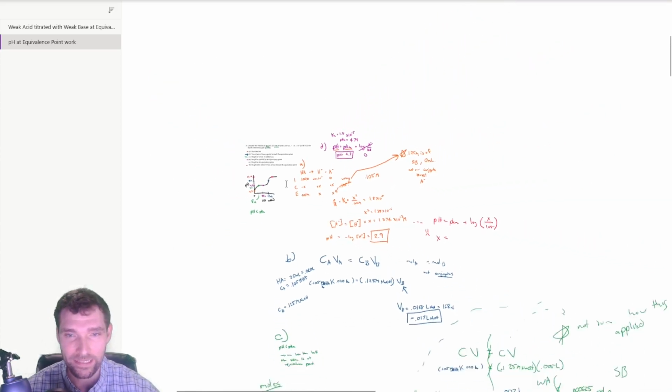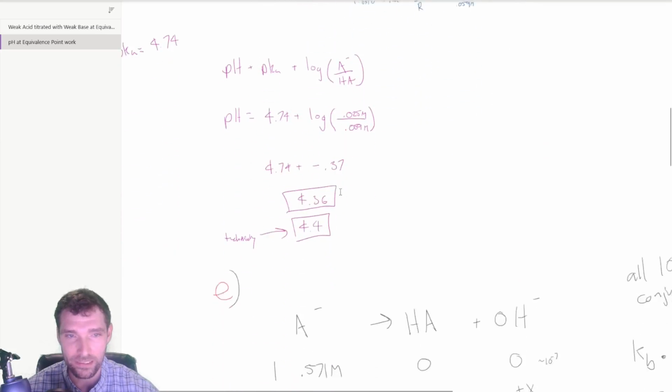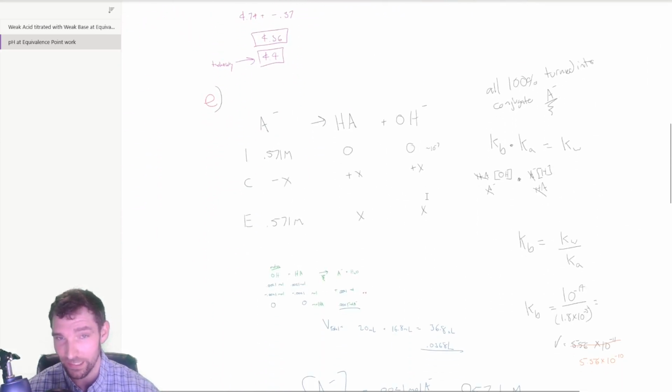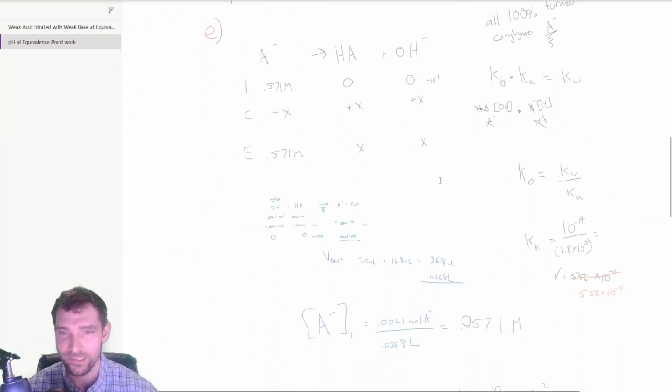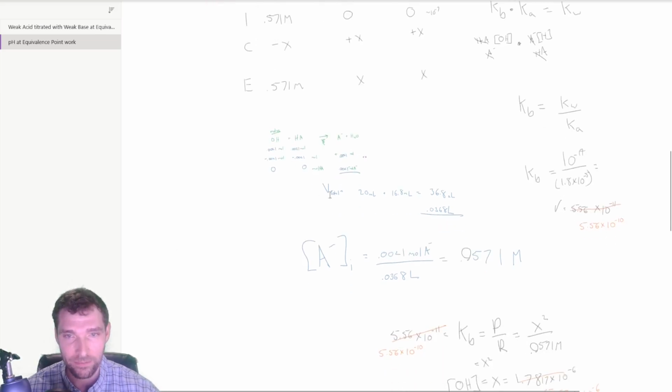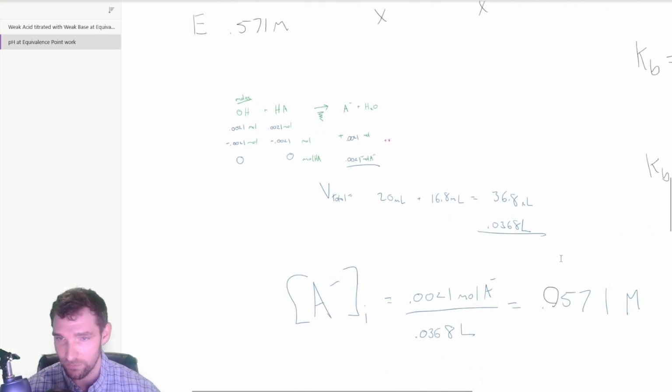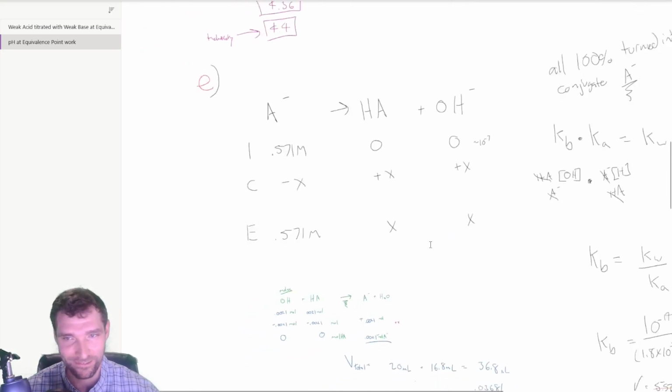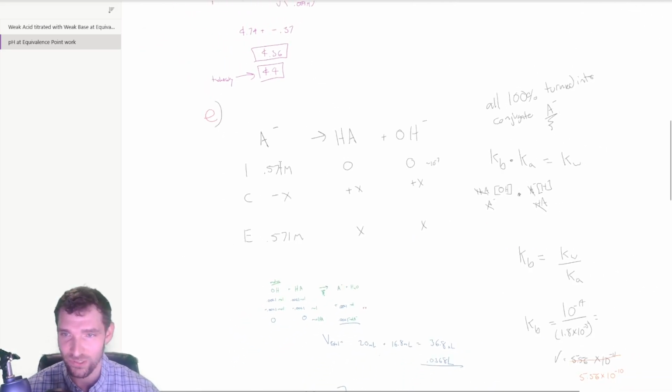But even if they do that, they're very unlikely to make you calculate the actual pH at the equivalence point, because the work looks something like this, where you have to push forward all the way into your A minus, figure out how many moles that is, figure out what the new volume is, because you had some acid volume and now you've added some base's volume. I got that from a previous problem. And so now I know my new volume, and you can then get your calculated concentrations and do an ICE chart.